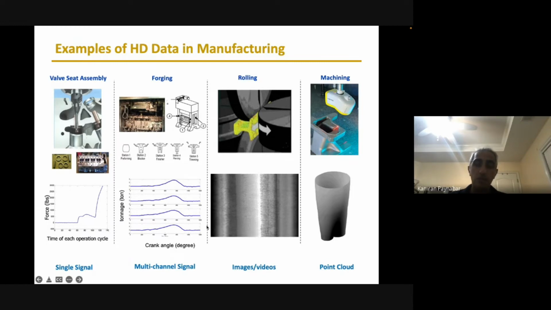And we have a rolling process where the surface of the roller is captured by a camera, so we have a video. This is another type of high-dimensional data. Another example would be a point cloud. For example, if you produce something, you have 3D scans, your CMM machine creates a point cloud, which again is high-dimensional.